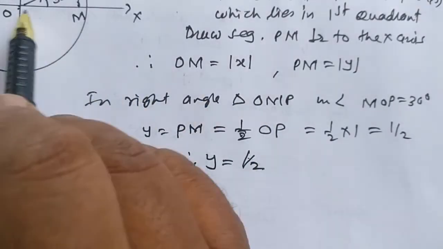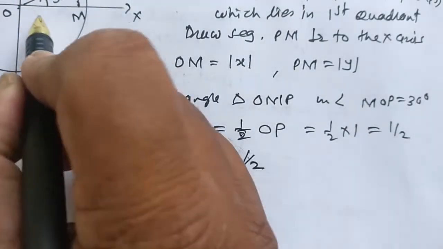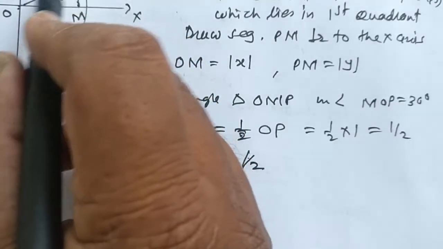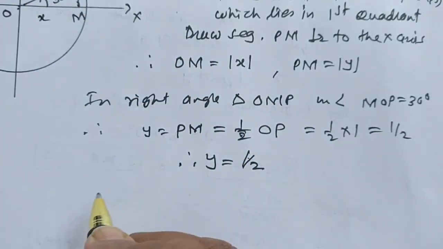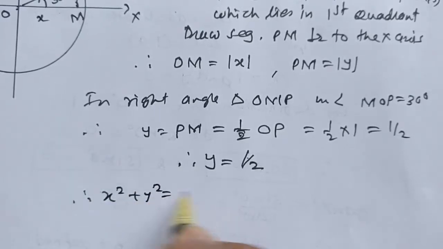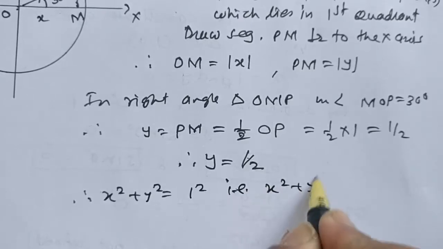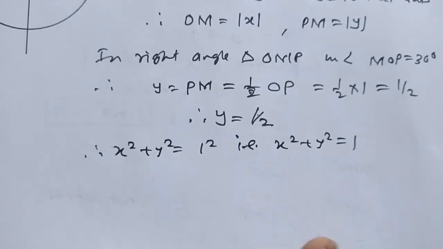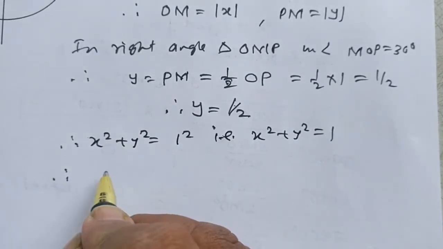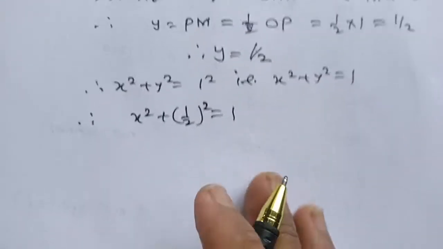Therefore, being a right angle triangle, by Pythagoras theorem, x square plus y square is equal to OP square, that is 1 square. That is, x square plus y square is equal to 1. Now y is equal to 1/2. Putting the value of y, x square plus (1/2) square is equal to 1.